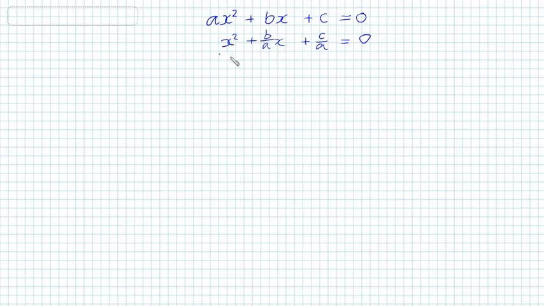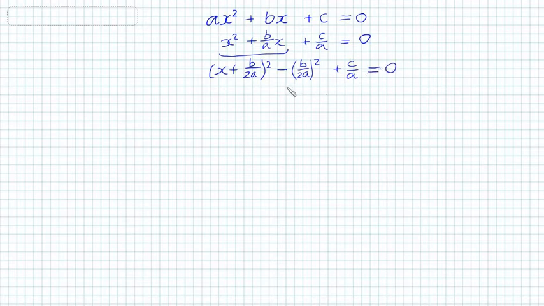And now we complete the square of these two terms to get x add b divided by 2a all squared, take away b divided by 2a squared, add c divided by a equals 0.